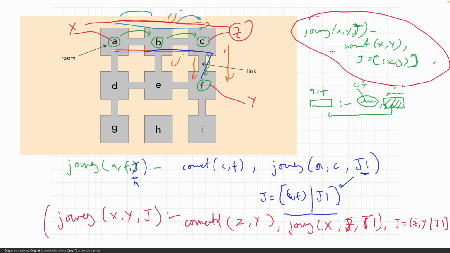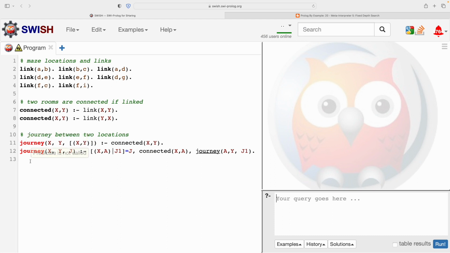Let's look at the code definition of that, which should be what we've just developed in code. So here's the definition in the example that's online on GitHub, and we've said the simplest case is journey x, y, this one here. It's saying x, y, and there's a J, the list of steps, which is just x, y, if connected x, y, directly connected.